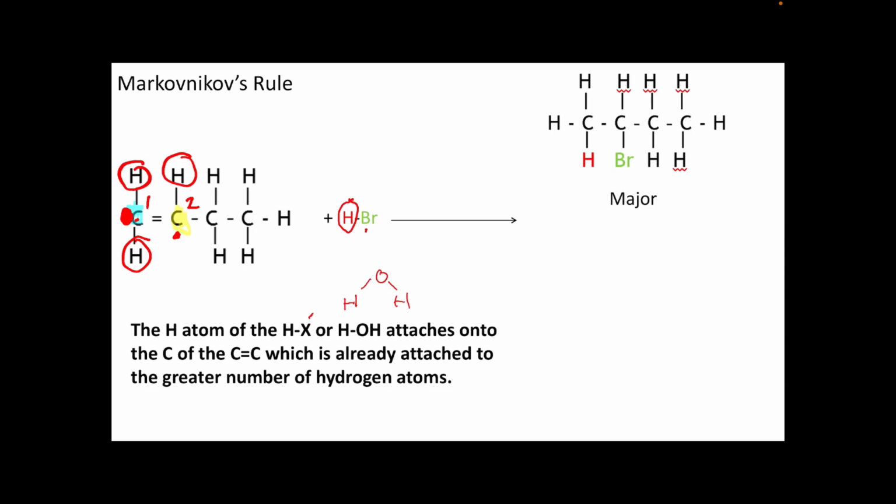When this reaction happens, most of the but-1-ene undergoes a reaction as shown, and we get this product which we would call 2-bromobutane.